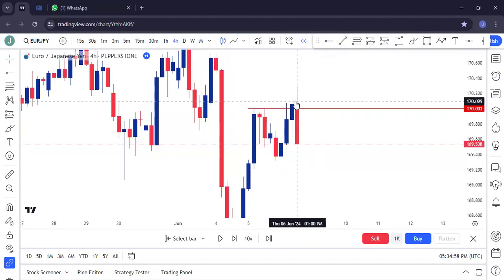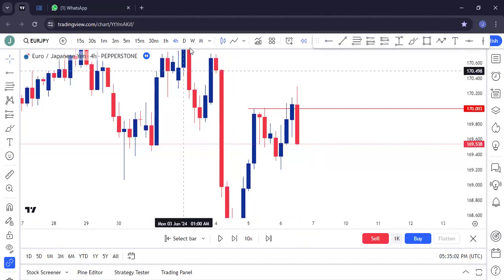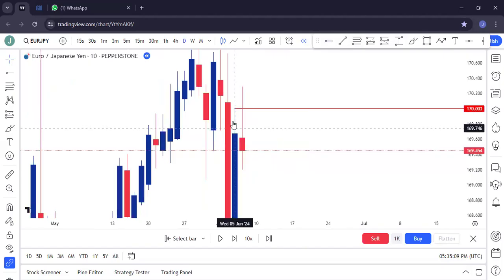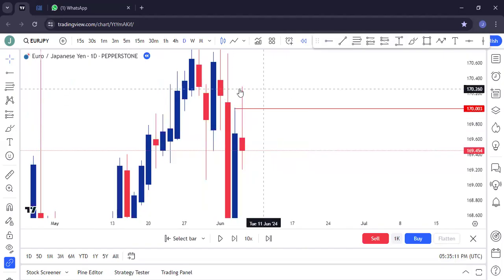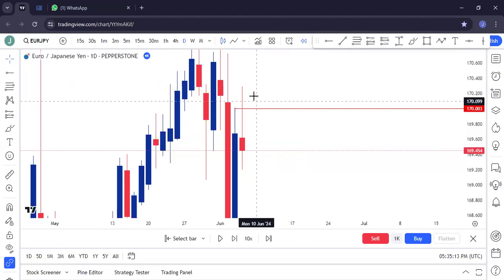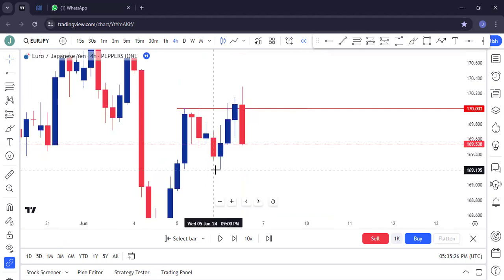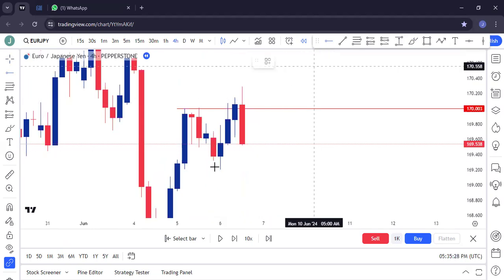The 4-hour structure has what? It has broken by body. But if we verify this structure in the FTA time frame, which is daily, we find out it was just a wick that has broken. So if we find this action, we know now price will not respect this low.